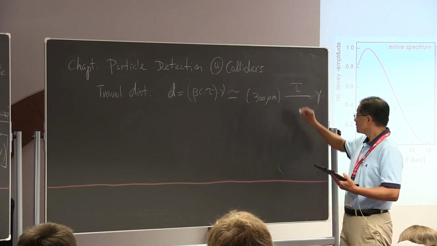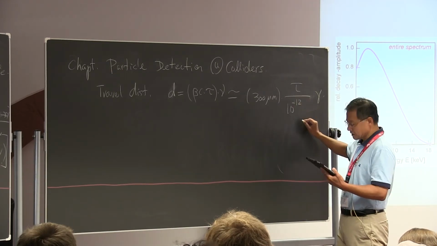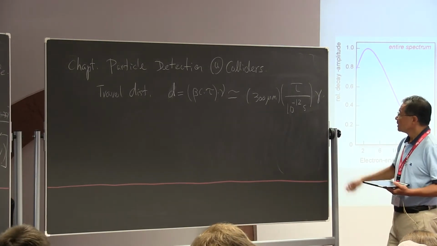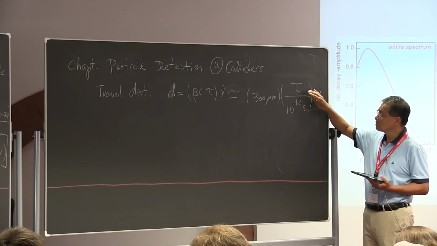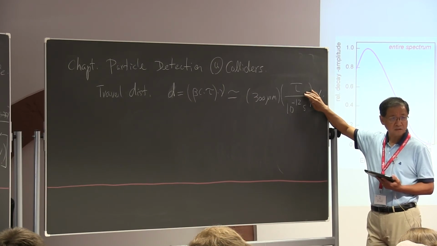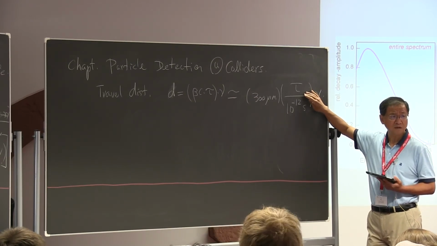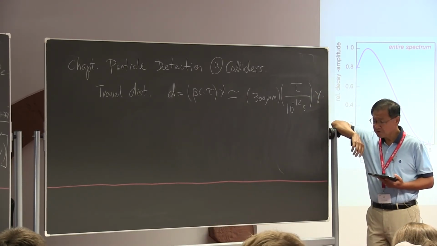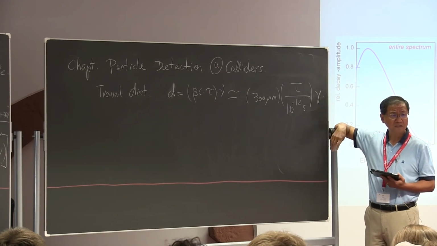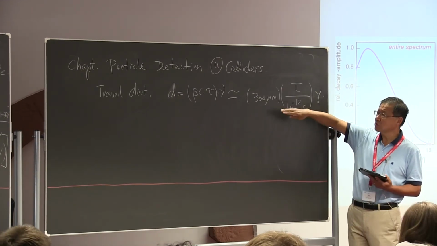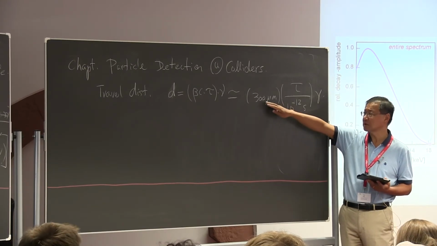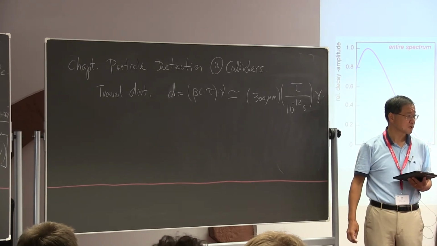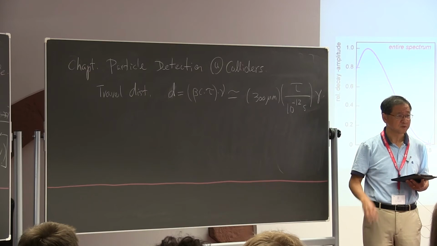And it turns out that number is 10 to the minus 12 seconds. Which means if the particle lifetime is of order 10 to the minus 12 seconds, that's an important number, remember this, and if the boost factor is bigger than 1, say 10 or so, then this particle will propagate in your detector on the order of microns, maybe even millimeters, maybe even centimeters.